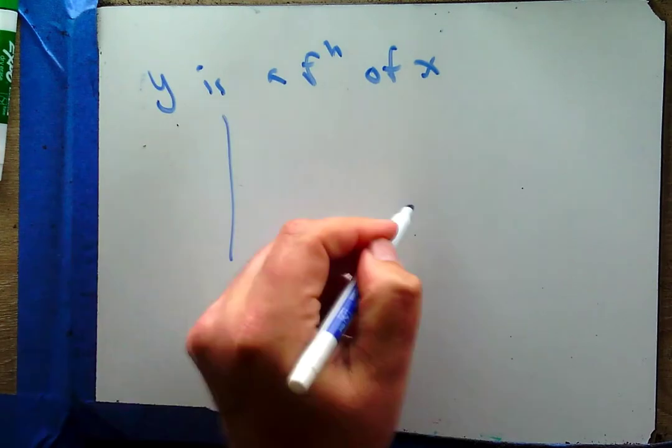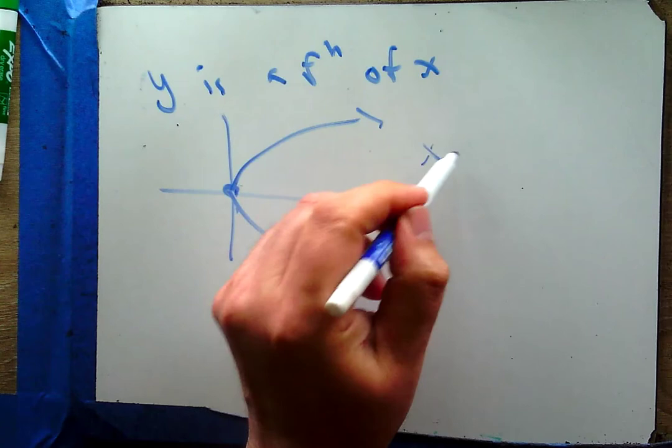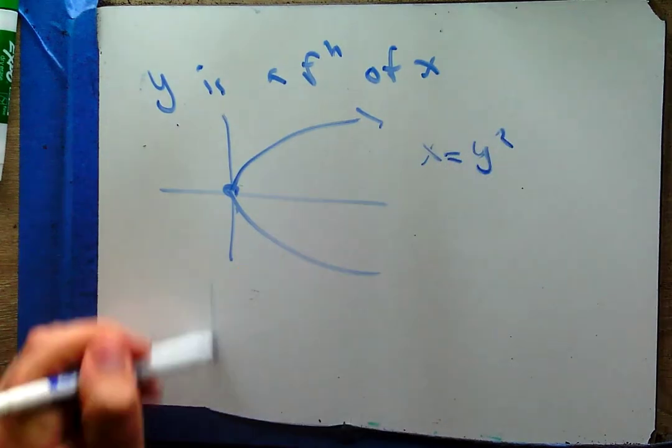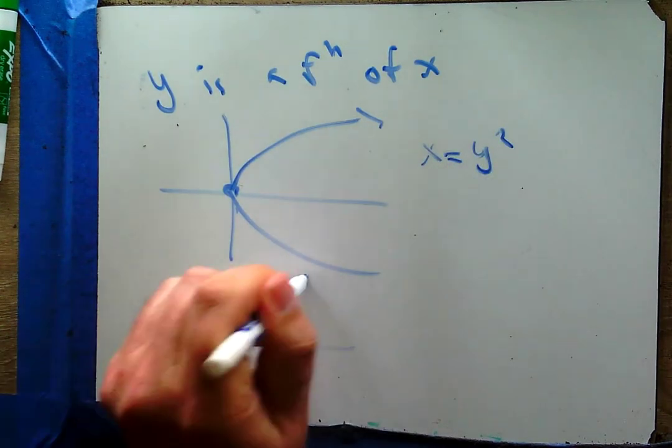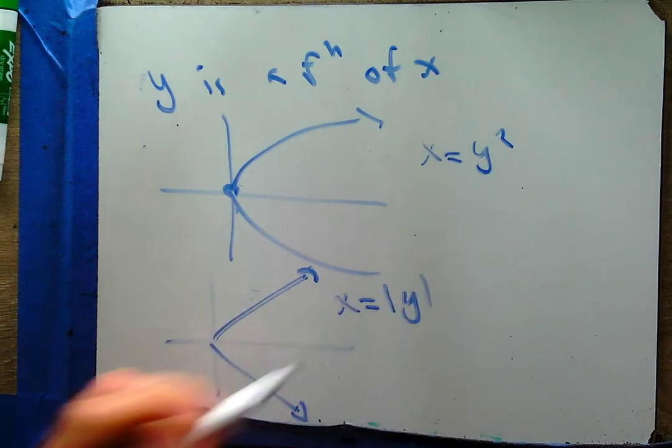Well, let's take a look at these two exceptions that we talked about before. This is x equals y squared, and this is x equals absolute y.